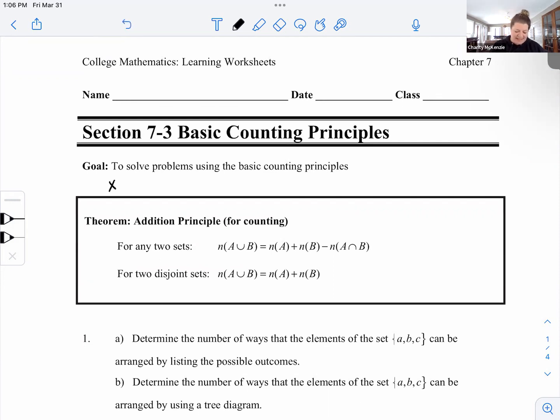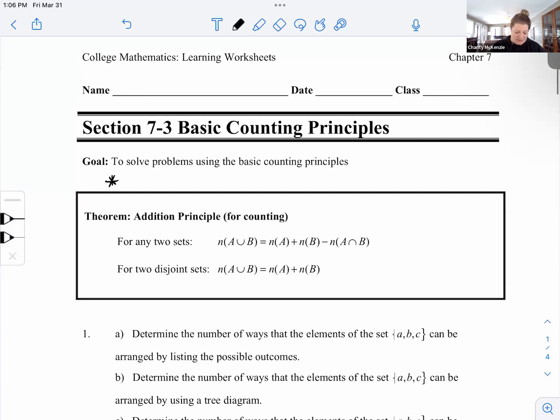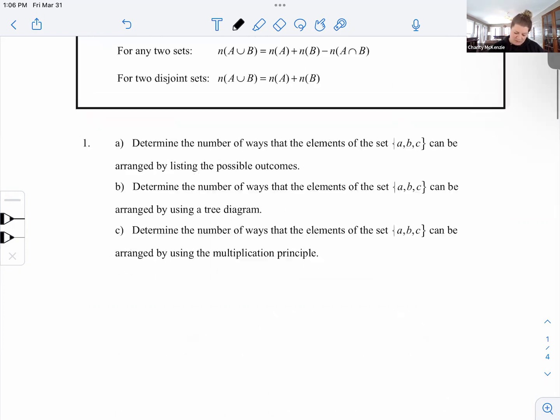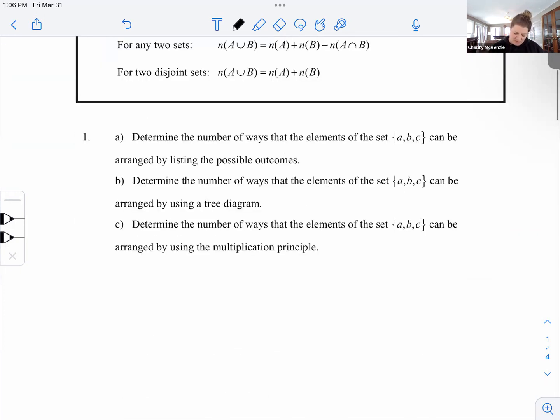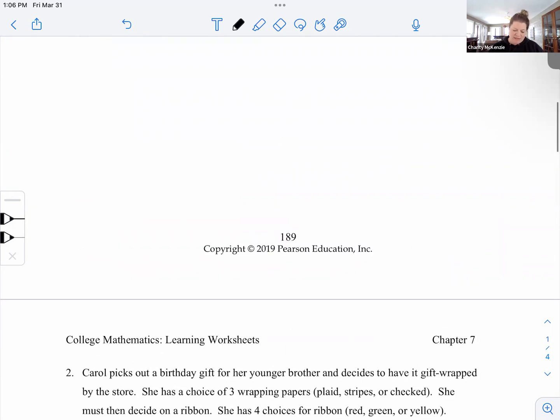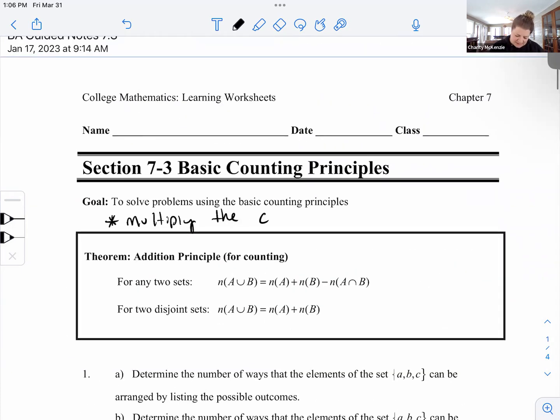So I would like a little side note here, where you multiply the choices together. This is called your fundamental counting principle, where we multiply them together.